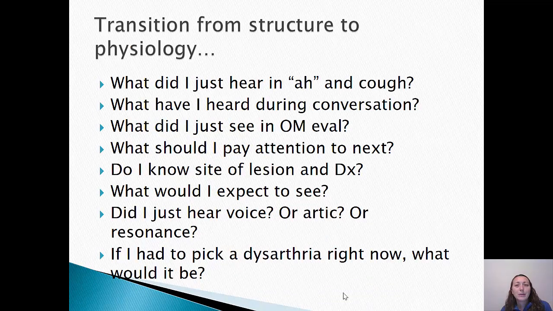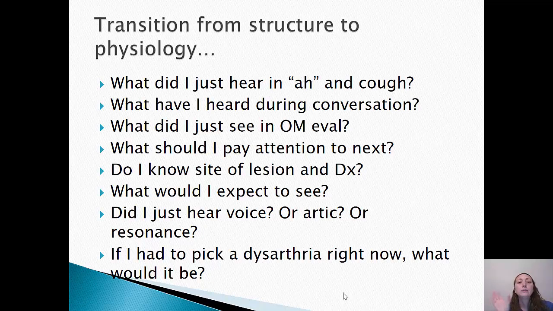Okay, so these are just questions. They're not going to be questions on your assessment, but these are the questions that you're asking yourself or talking through as you're seeing a patient. So when you're seeing your patient, you start with orientation, you're getting some more case history information, you're getting the patient's perception of their concerns with their voice or lack thereof. We've already done a chart review for the medical piece and etiology, if that's in the chart, or any imaging, any past medical history or neuro history.